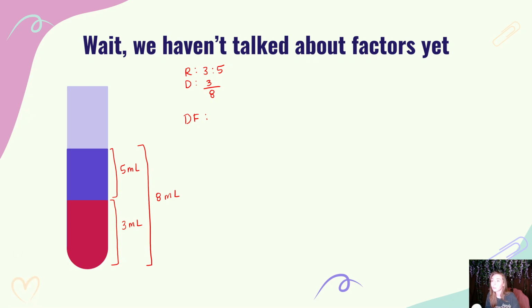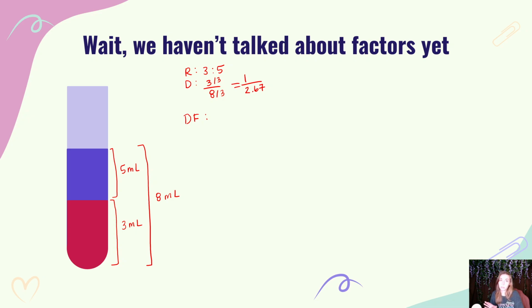You are allowed to do this. I promise you it will not make a difference in your math. So you would divide 3 by 3 and you would divide 8 by 3. 3 divided by 3 equals 1. 8 divided by 3 equals 2.67. So your new ratio is 1/2.67.